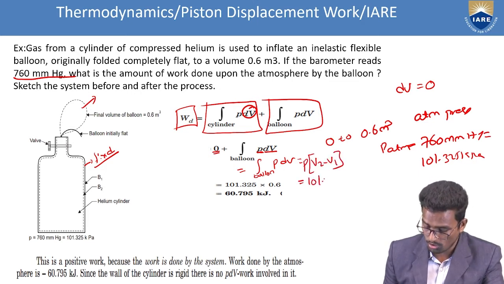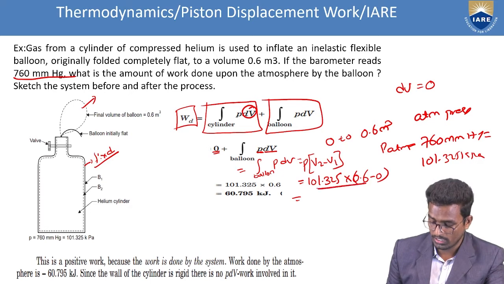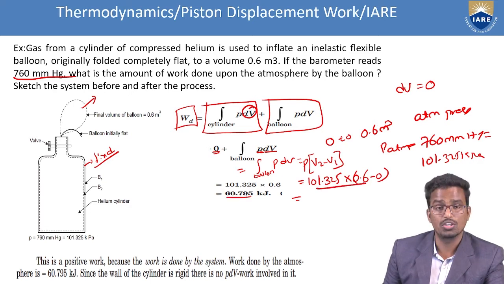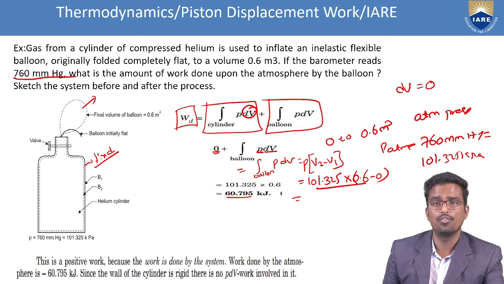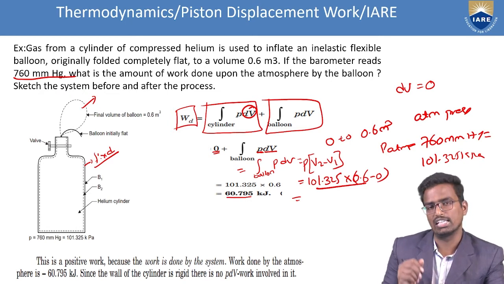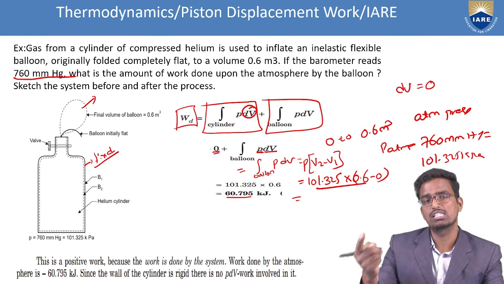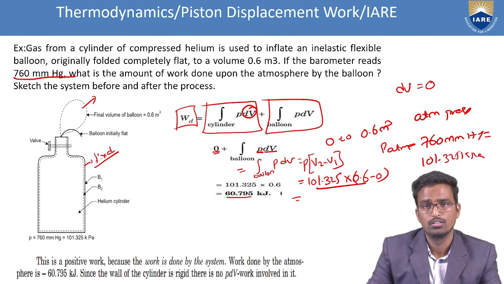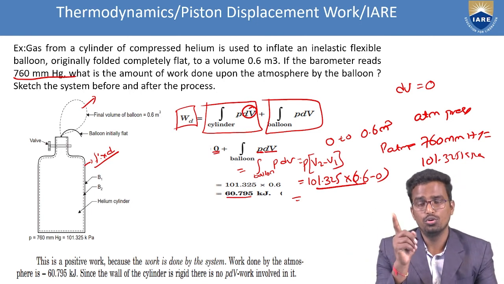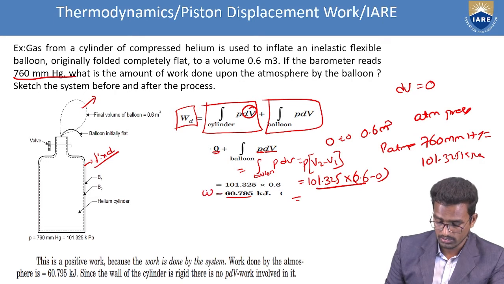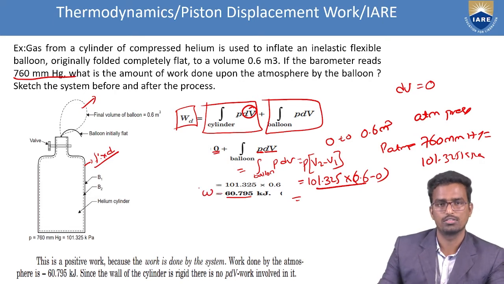It is 101.325 into, what is the volume? 0.6. Initially it is 0. So if you multiply these two, you will get 60.795 kilojoules of work done by the balloon to the surroundings. So you understand, right? This much amount of work is done by the balloon to the surroundings.